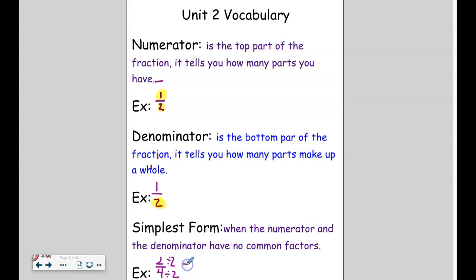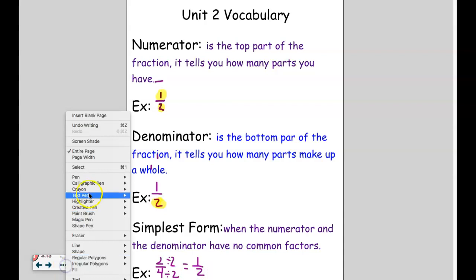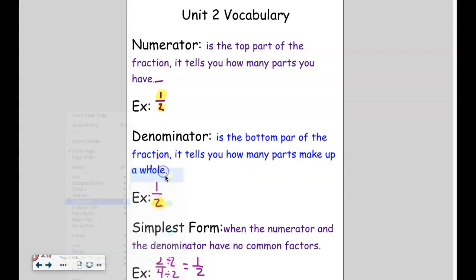So we get the simplest form of 1/2. So our simplest form is that 1/2. If you need to, pause the video and make sure you get these all written down.